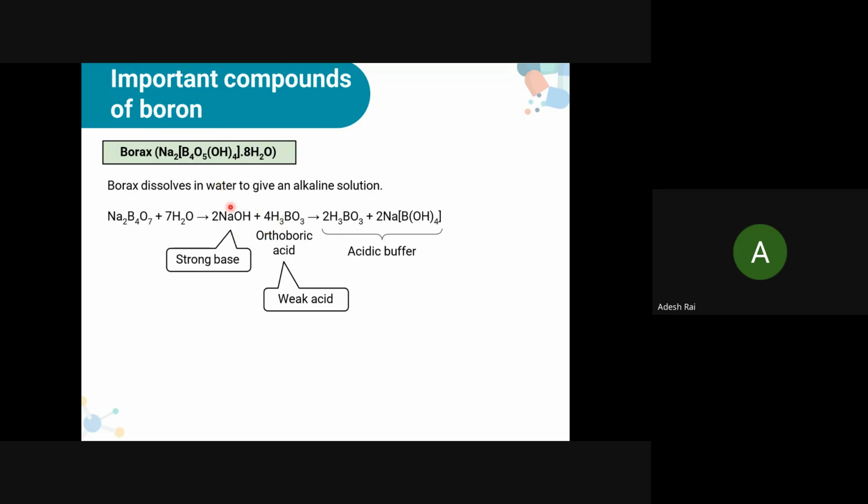Because first it gives us NaOH, which is a strong base, and orthoboric acid, so the overall solution is basic. Later, when they react with each other, they end up giving us an acidic buffer. Is that clear? In ionic equilibrium, I told you earlier, if you have missed it, that aqueous solution of borax is an example of a buffer solution.